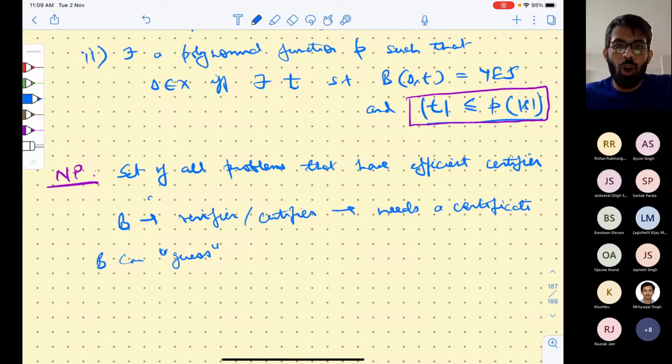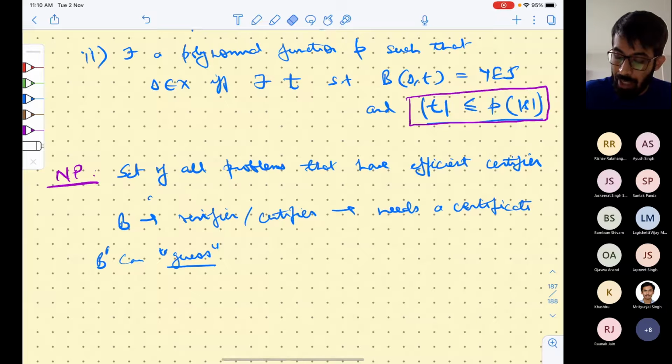So there is this thing called non-determinism, machines or such things. There are different kinds of machines that people study, such as non-deterministic automata and non-deterministic Turing machines, which can guess something. They can go from one place to another non-deterministically, and now B, or some B prime, can guess the certificate and then verify it. This guessing is done non-deterministically.